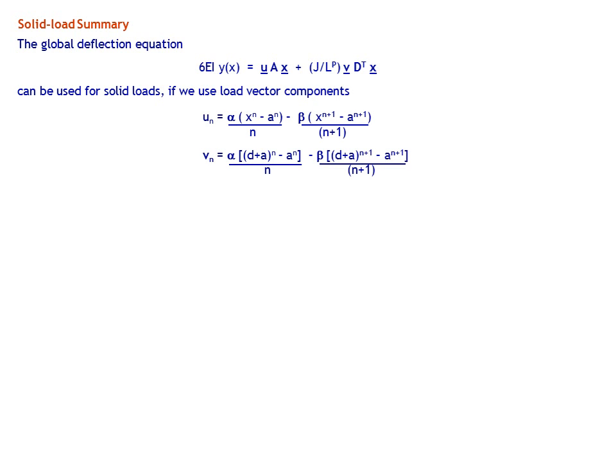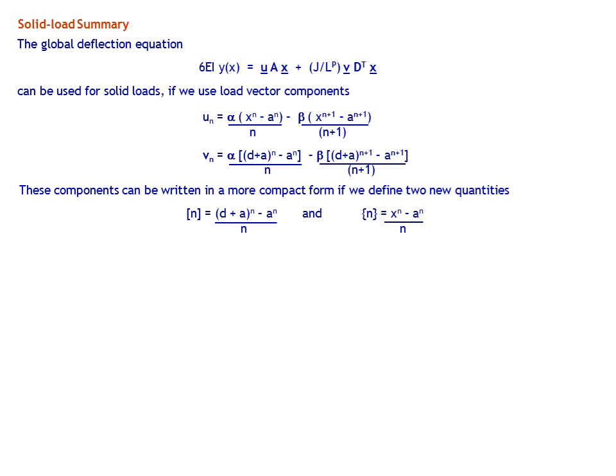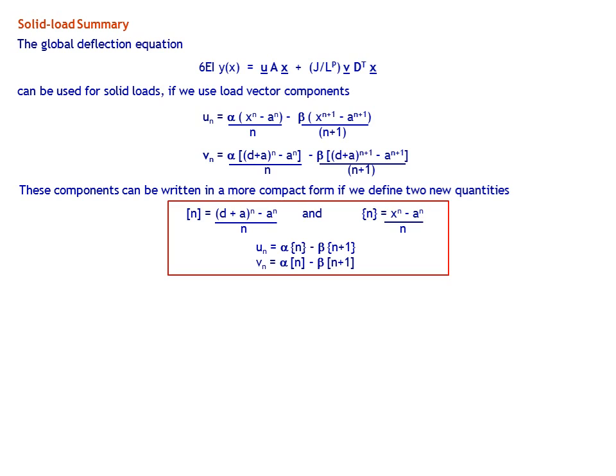These equations can be written in a more compact form if we introduce some new notation. If we define square bracket n as being equal to d plus a to the power n minus a to the power n, all divided by n, and curly bracket n as x to the power n minus a to the power n, all divided by n, then we can write un in the simple form as un equals alpha curly bracket n minus beta curly bracket n plus 1, and vn as alpha square bracket n minus beta square bracket n plus 1.